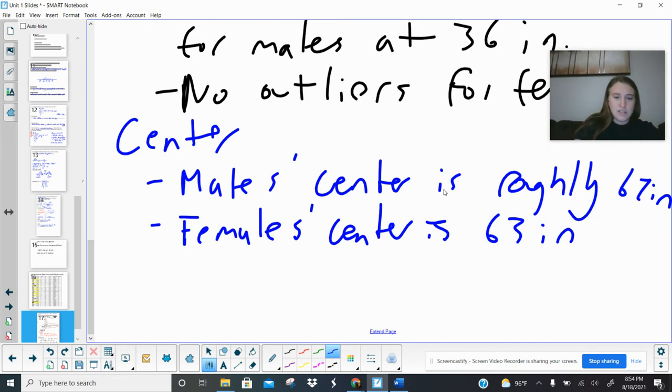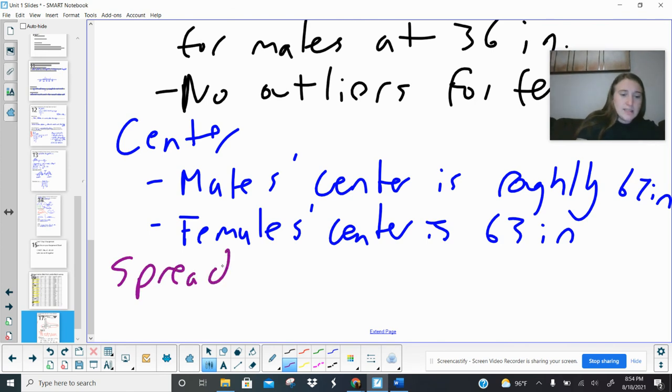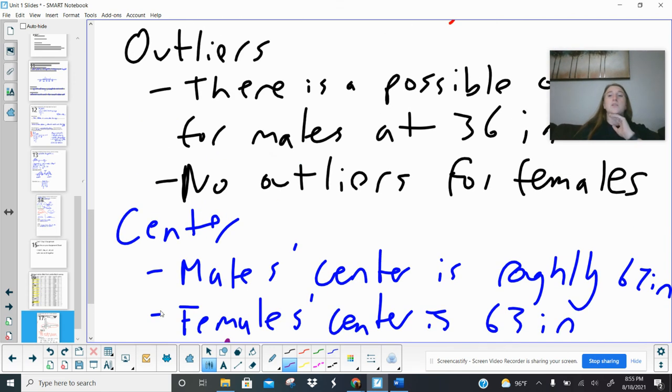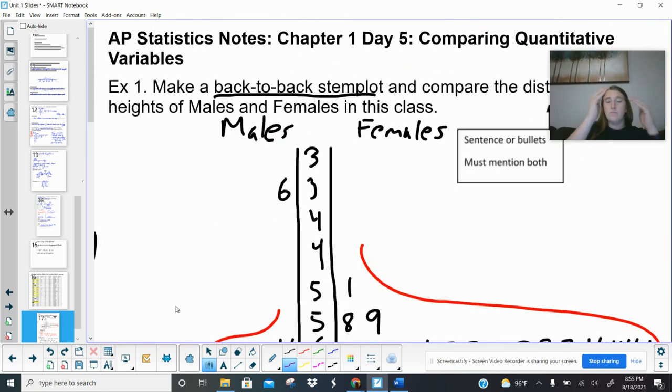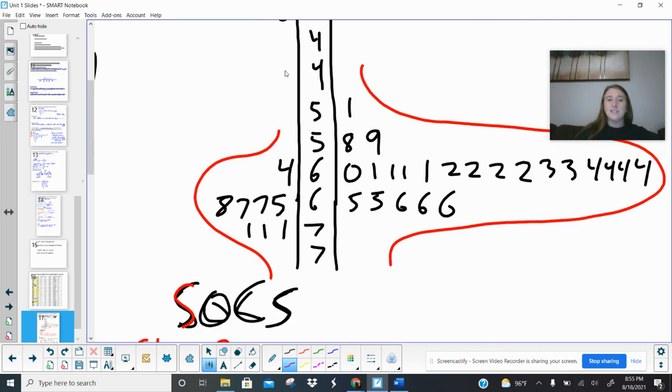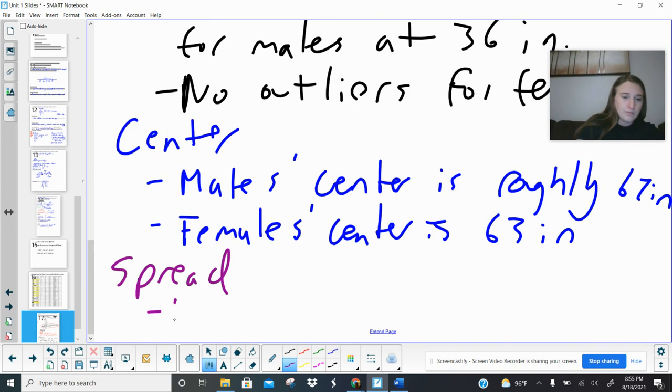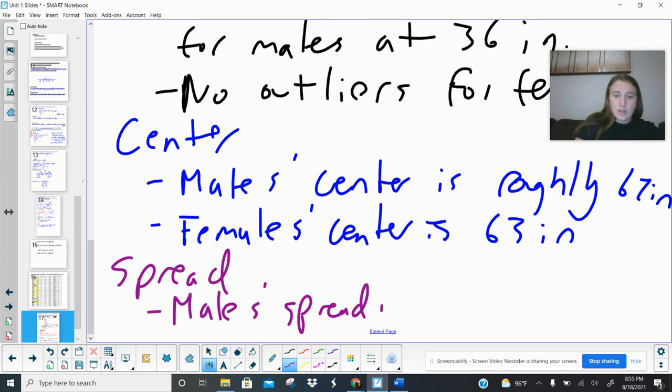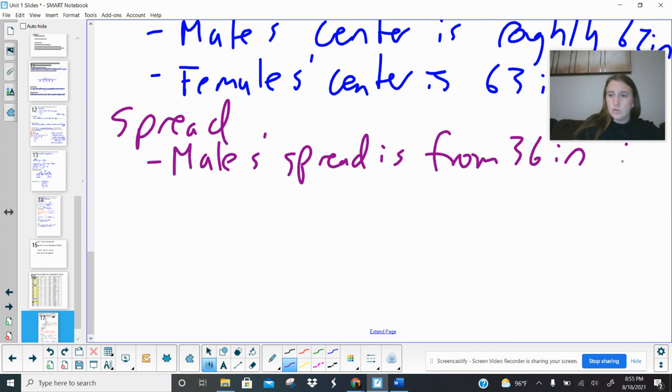And the last S stands for spread. So this we can do exactly here, because mathematically, right now, spread is just the range. We need to say from this number to this number, from this number to this number. So take a minute, write your spread for males and your spread for females. Okay, for males, it goes from 36 to 71. Males' spread is from 36 inches to 71 inches.